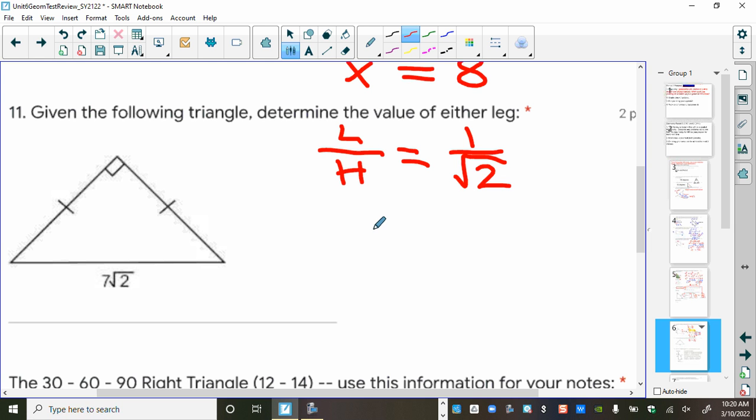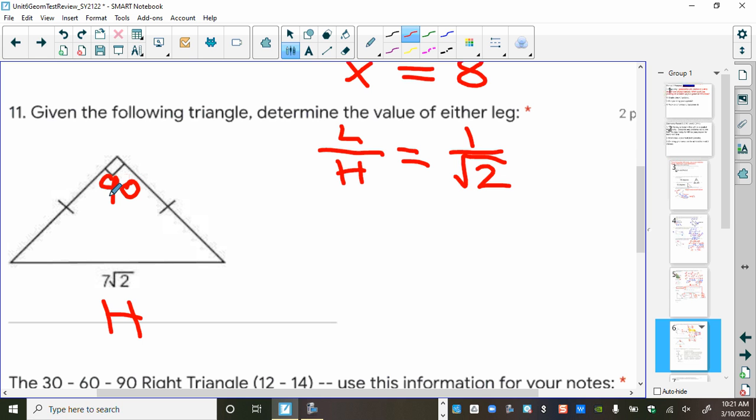All right, now, if we look at this one, what do we have here? This is a hypotenuse. So right away, we have a 90-degree angle here. Now, these two sides marked by the line, what do we know about these two legs? They're the same. They are congruent.